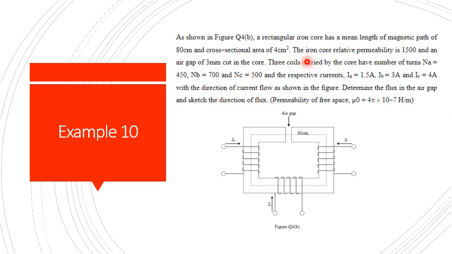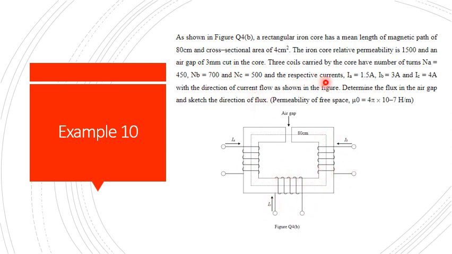The iron core relative permeability is 1500, and a gap of 3 mm is cut in the core. Three coils carried by the core have numbers of turns A is 450, B is 700 and C is 500. So this is the number of turns for A, B and C.